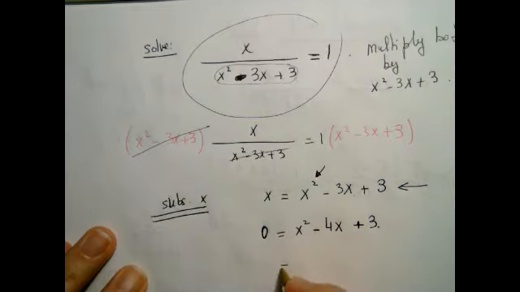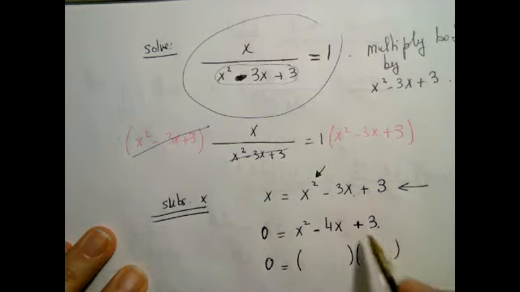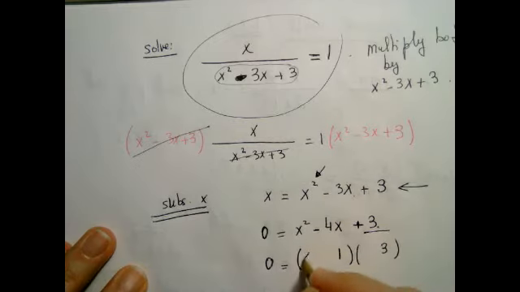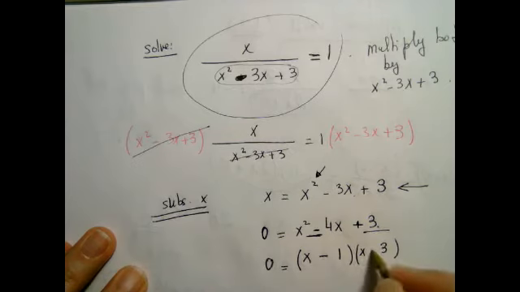And now I factor. So I have to look for two numbers. When you multiply them, you get 3. And when you add them, you get minus 4. So 1 and 3 seem to do the job. And because I have this minus in here, it's going to give me that.